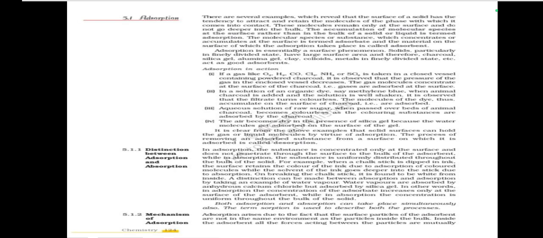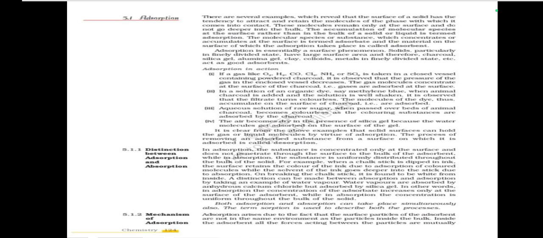Mechanism of adsorption. Adsorption arises due to the fact that the surface particles of the adsorbent are not in the same environment as the particles inside the bulk.